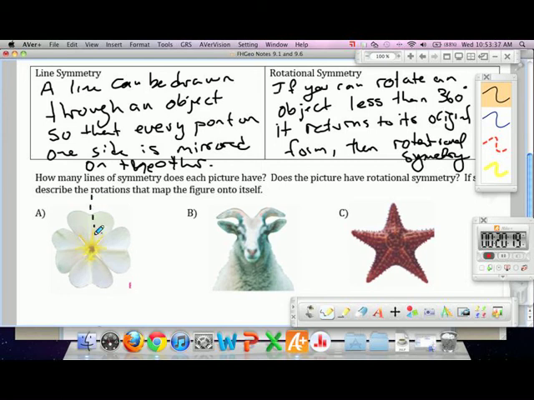I see 1, 2, 3, 4. Okay, we're going to think more generally here. Yes, these little white things seem to be coming a little bit farther out than the others. The point of this is to get you to see symmetries in generalities.